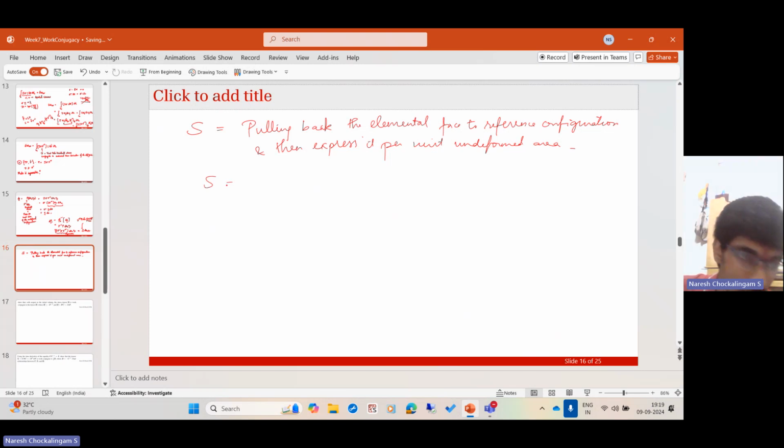So S is defined as this quantity, J F inverse sigma F inverse transpose, which is nothing but F inverse P. And this S is actually symmetric.